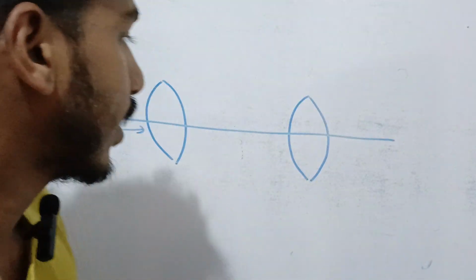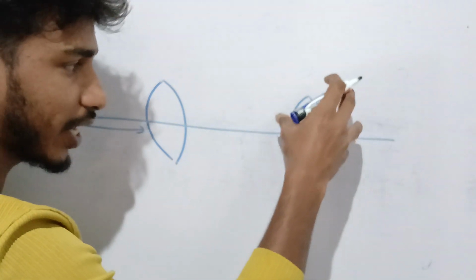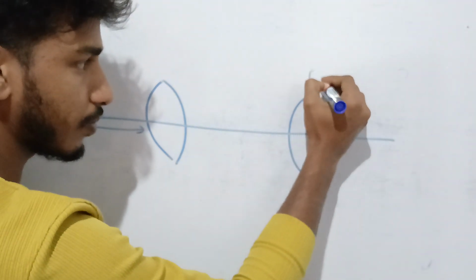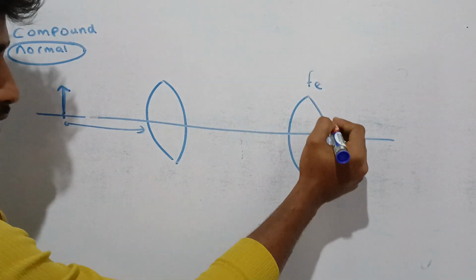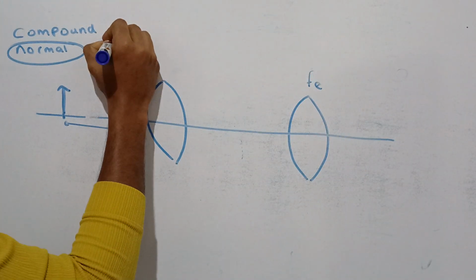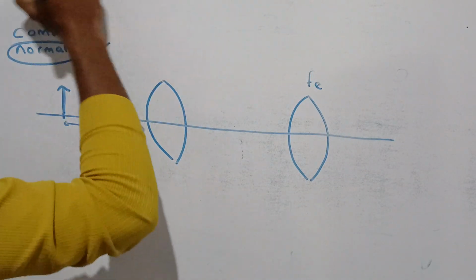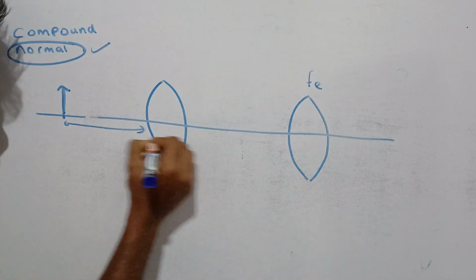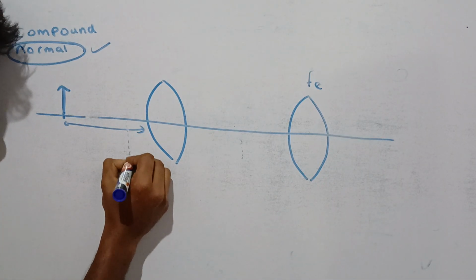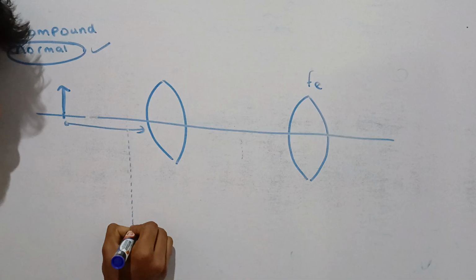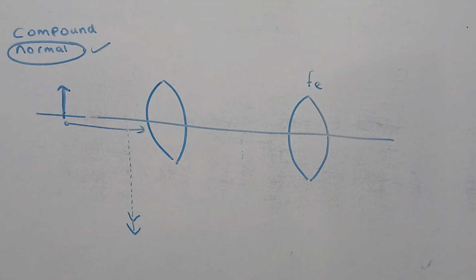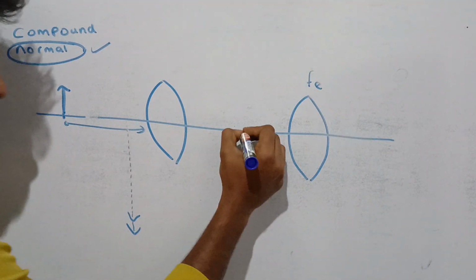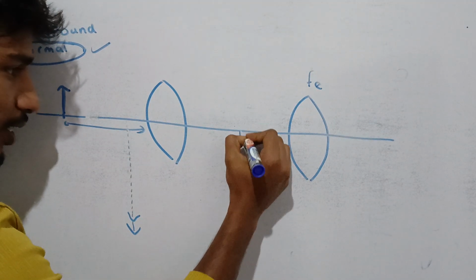You should understand the image created by the eyepiece is going to be a virtual image, and in a normal adjustment for a compound microscope, it will be at the least distance of distinct vision. So my final image should be produced at the least distance of distinct vision. Make sure to get an idea of where the images are.